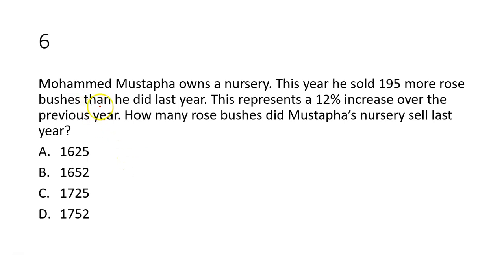Question 6 says, Mohammed owns a nursery. This year he sold 195 more rose bushes than he did last year. This represents a 12% increase over the previous year. How many rose bushes did Mustafa's nursery sell last year? To solve this, we don't know the amount he sold last year, isn't it?